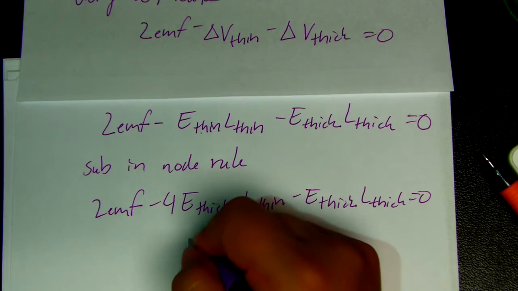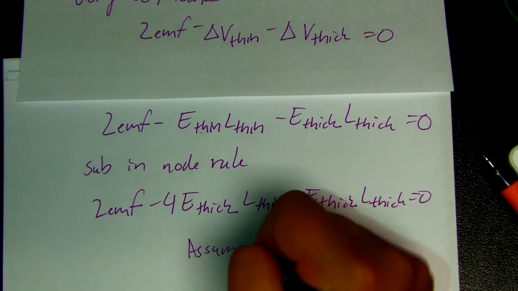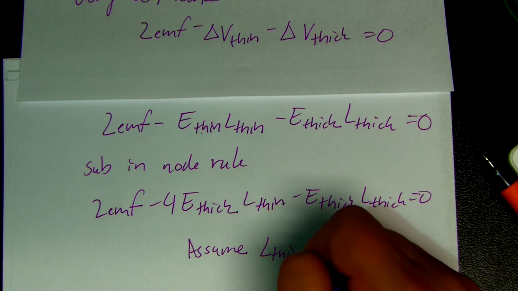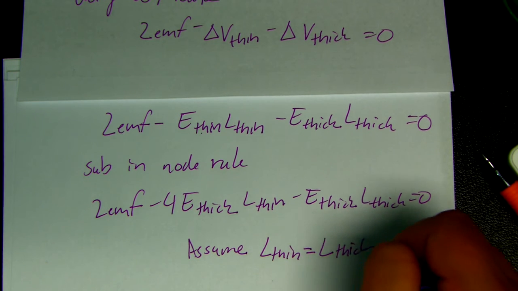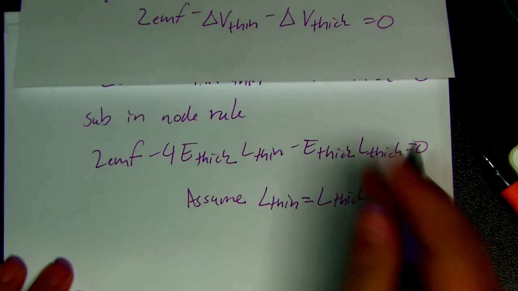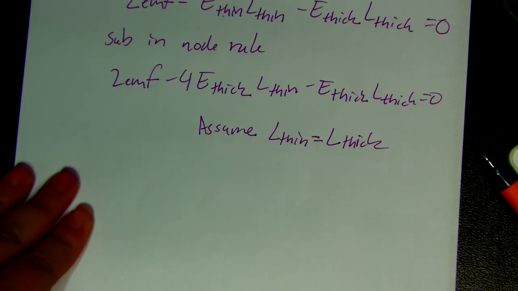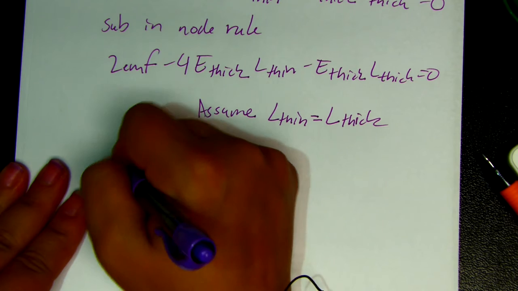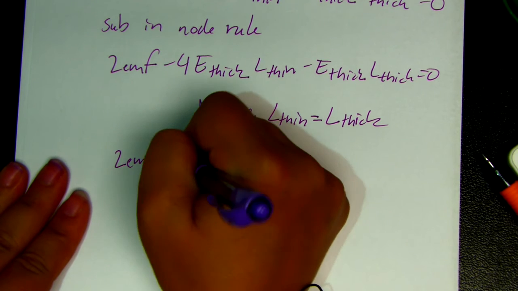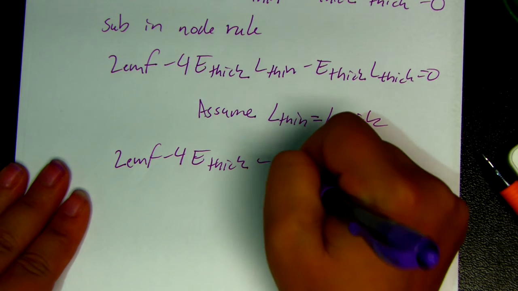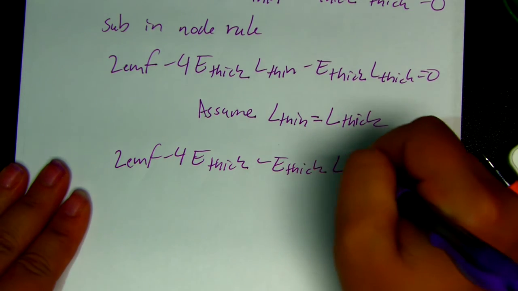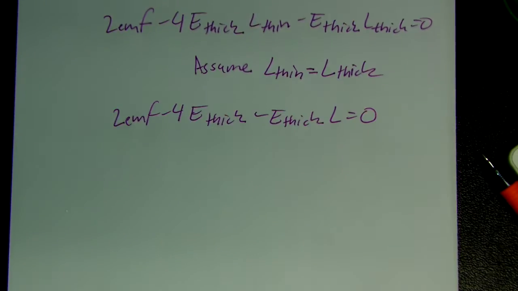And we're going to assume that L thin is equal to L thick, so they're the same length. Then, making that assumption, we would have 2 EMF minus 4 E thick L minus E thick L is equal to 0.